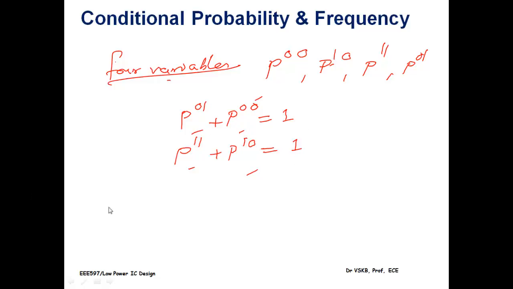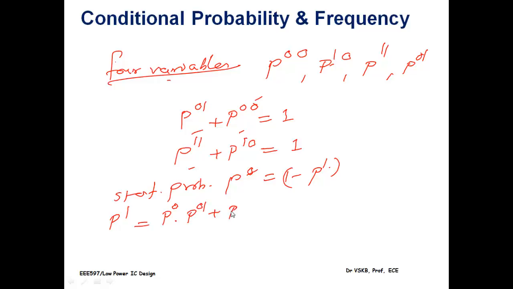Now the static probability of P0 we know as 1 minus P1. And P1, I would define as the sum of: it could have been at a 0 and it could have changed over to 1, or it could have been at 1 and it remains at 1. Similarly, I could have this written as, for P of 0, I substitute 1 minus P1, times P01, plus P1 times P11.